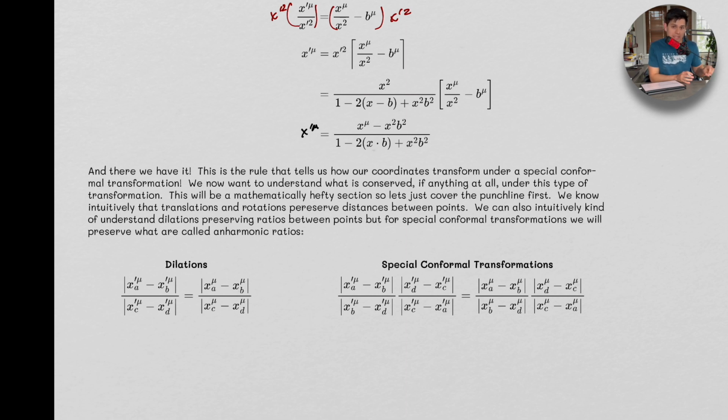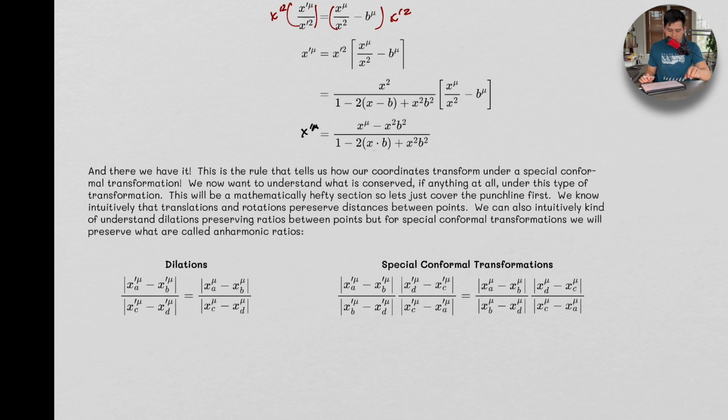Because that's the key thing here that we want to know. What remains invariant under transformation? What doesn't change under this transformation? That's a symmetry, right? That's a symmetry or some invariant. Those are the things that are fundamentally interesting to us in physics.